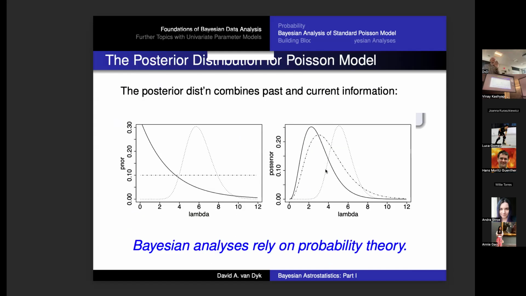With that small data set, you can see 3 prior distributions and the corresponding 3 posterior distributions. This is what we call sensitivity analysis. Especially with small data sets, your choice of prior will make a difference. So the posterior distribution that you get changes depending on your prior distribution. That's maybe okay if, for example, I have a good reason for picking a particular prior distribution. It's based on a previous analysis.